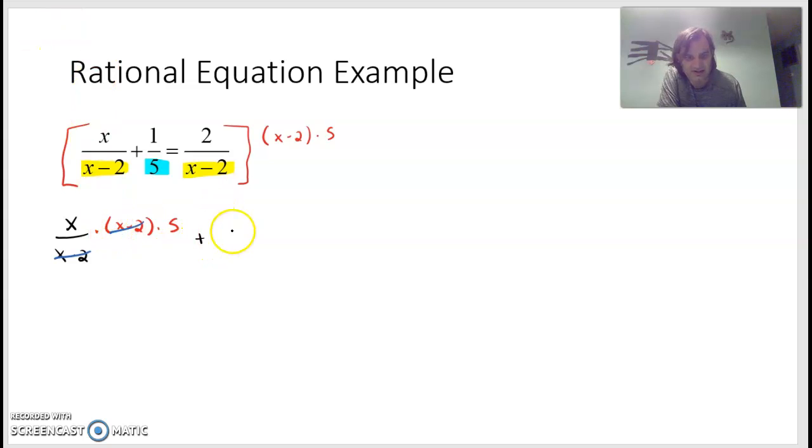Moving to the next term, which was 1/5, I'm going to multiply that by 5 and x minus 2, and in that case, I'll cancel out the 5. And then on the right hand side, I have 2 over x minus 2, and when I multiply it by x minus 2 and 5, the x minus 2 will cancel out.